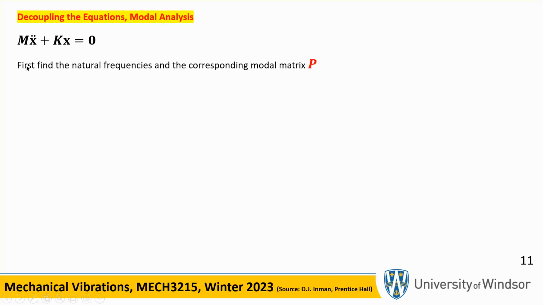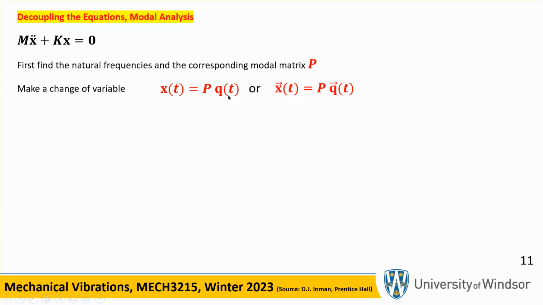So for this matrix P, if you take U1 and U2 and put them in the 2 columns of matrix P, you're going to get your modal matrix. Now, remember, the physical coordinate is x. This may be 2 translations, 2 rotations, 1 translation, 1 rotation, it doesn't matter. But the physics is behind x.